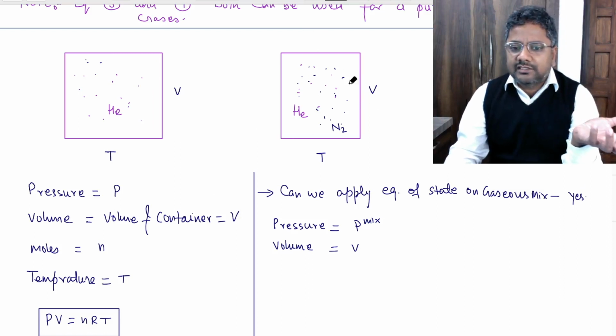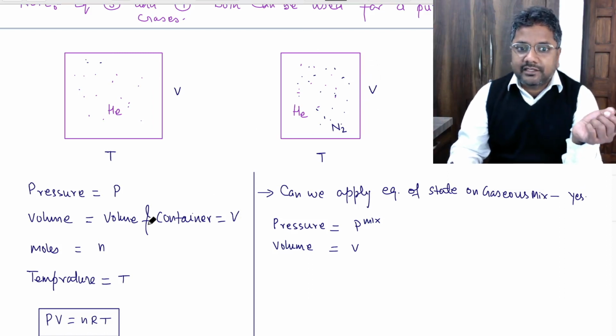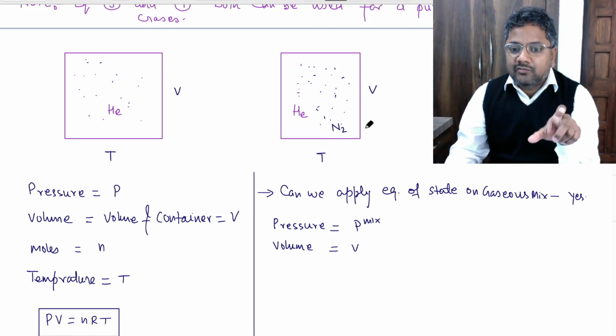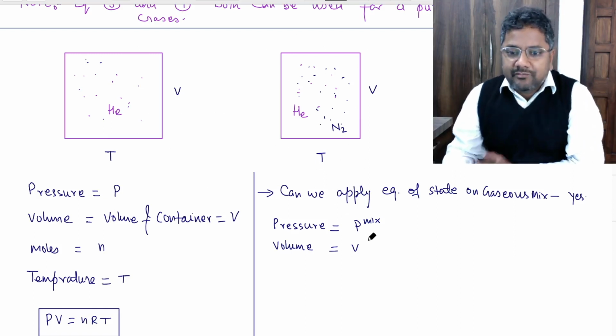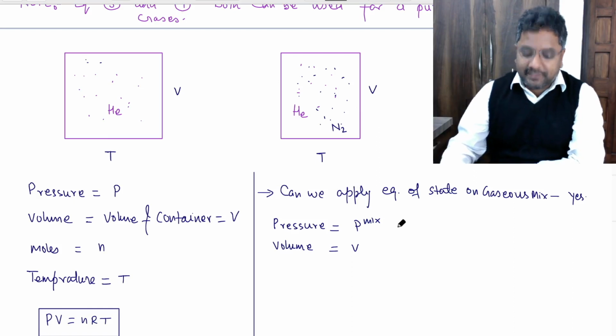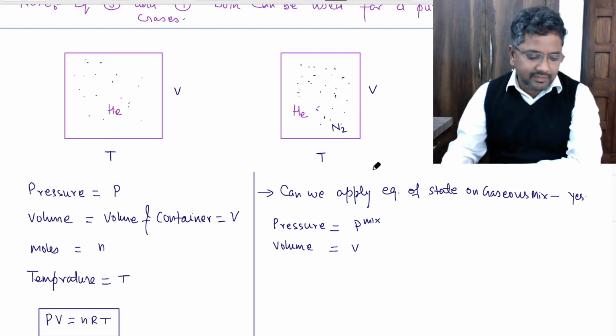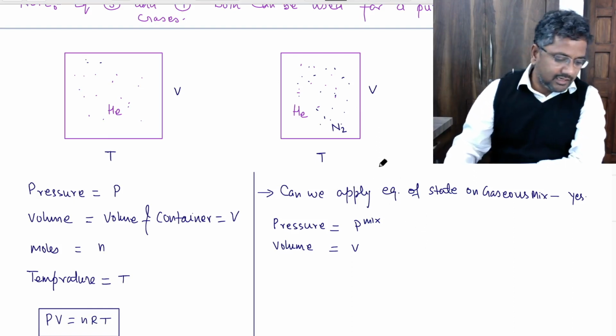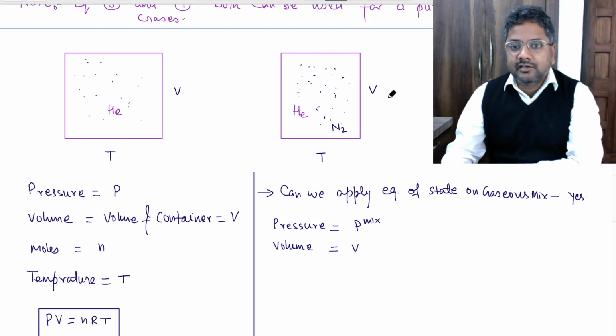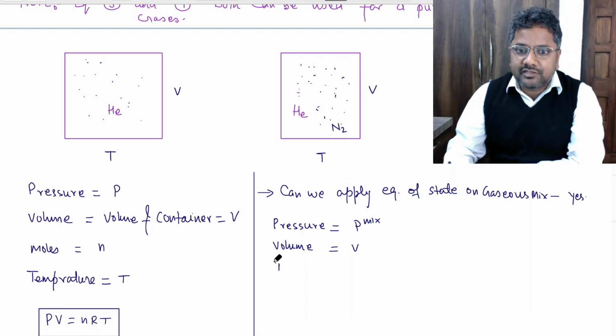So V is the volume of the container, not the volume of the gas, though you can write it as equal to the volume of gas if you want. There is no V mixture type of concept, right? So we will write simply V, the volume of container. What is temperature? T.